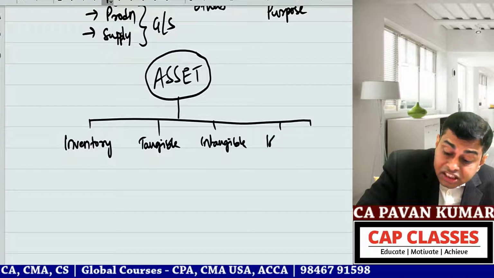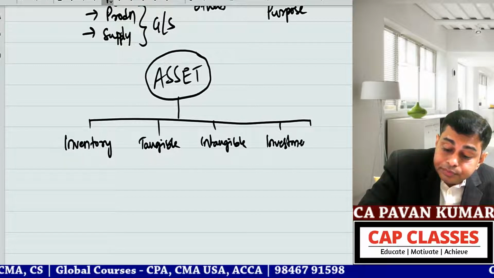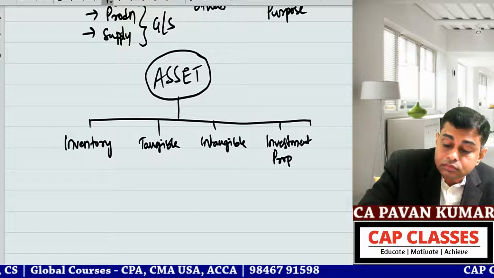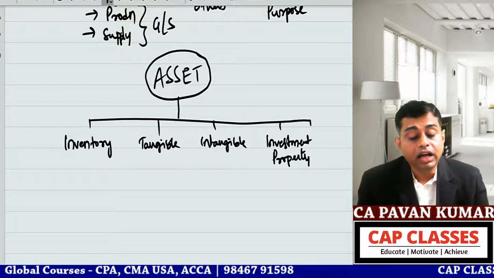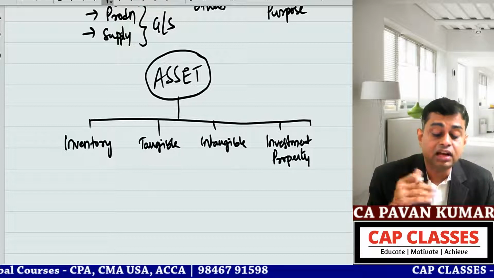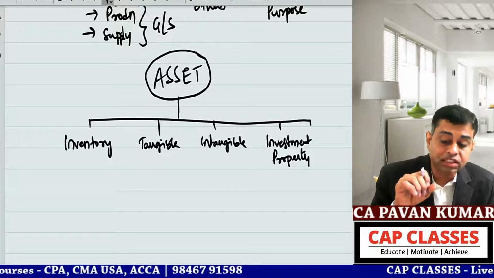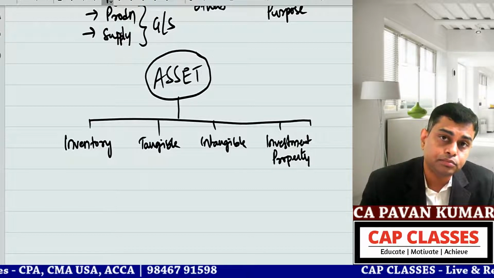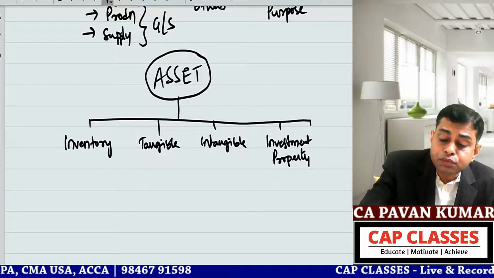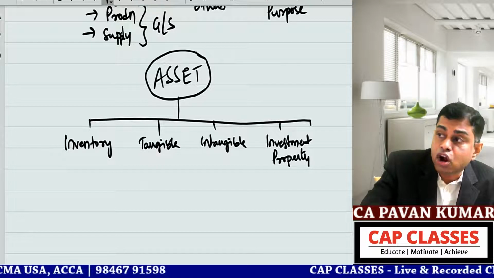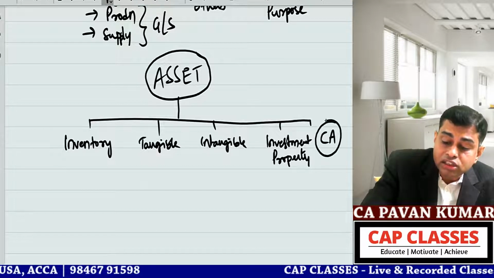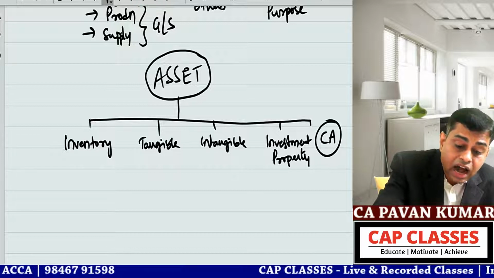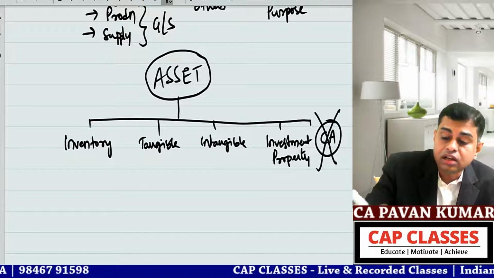Then investment property. Then the last one is contingent asset, but I am not writing contingent asset here because contingent assets are not qualified to be accounted for.